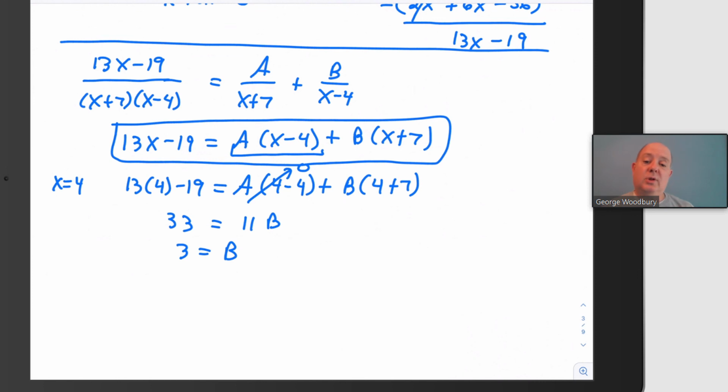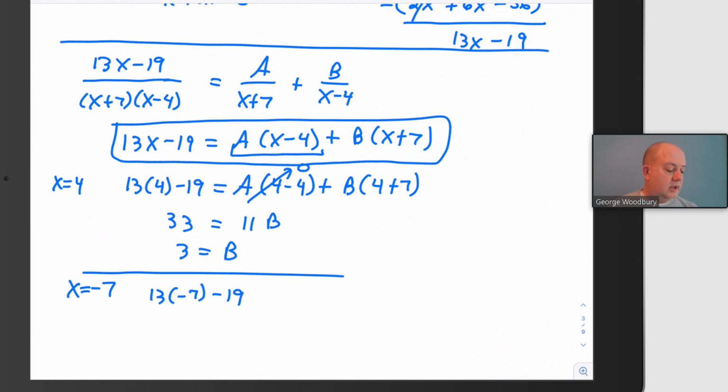So obviously we could put in negative 7 if we wanted to. Probably not a bad idea. 13 times negative 7 minus 19 equals A times negative 7 minus 4 plus B, which is now 3, times negative 7 plus 7.